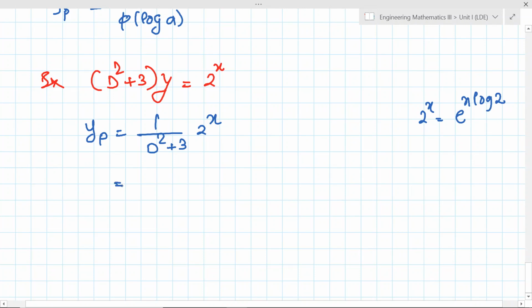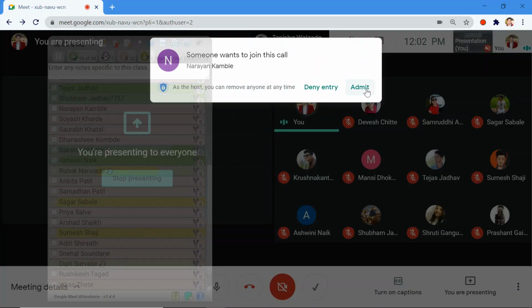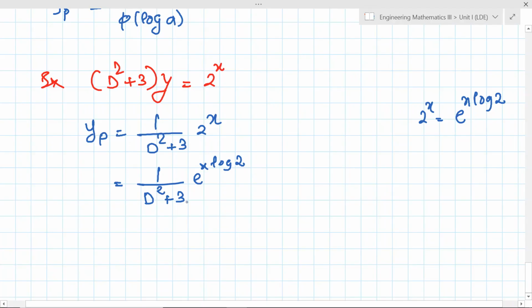Now replace this 2 raised to x: 1 upon d square plus 3 is there, and this is e raised to x into log of 2. Now replace d by log 2. So this is equal to 1 upon log of 2 square plus 3 into e raised to x log of 2.